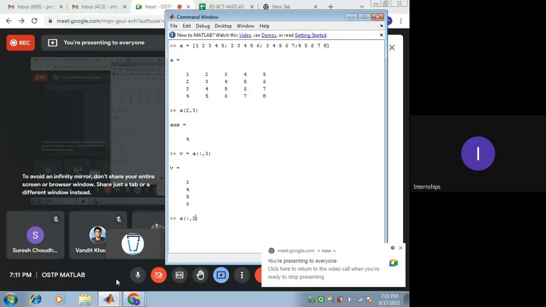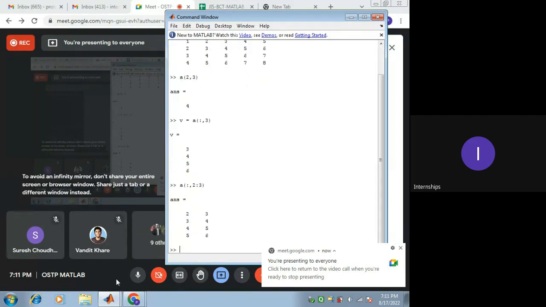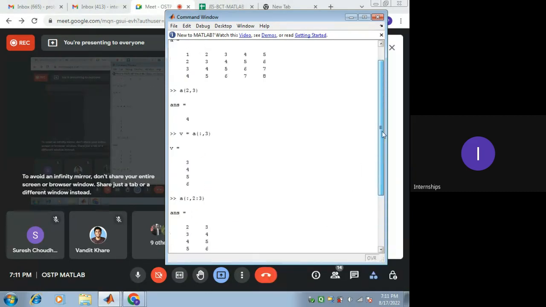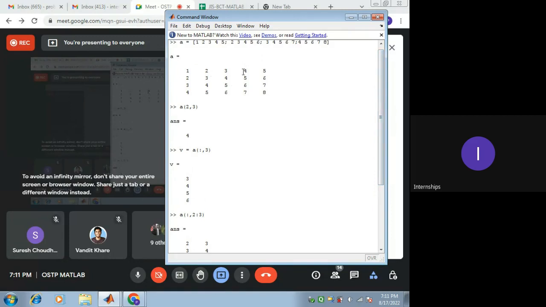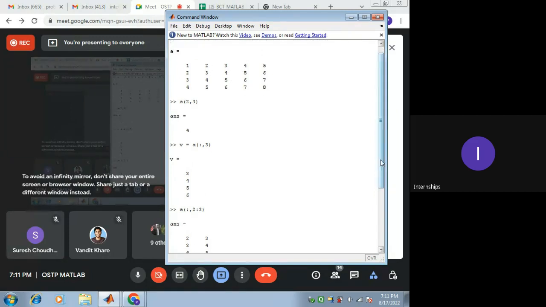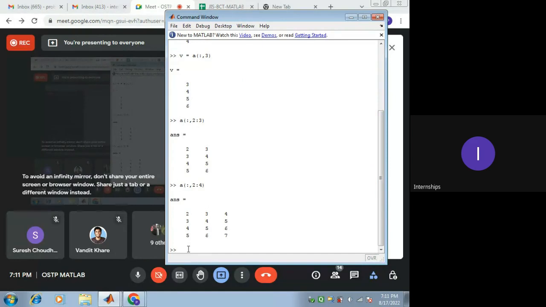Suppose 2 to 4: if we write 2 to 4, then it will print consecutive 3 columns starting from 2 and ending at the 4th. This is the referencing.